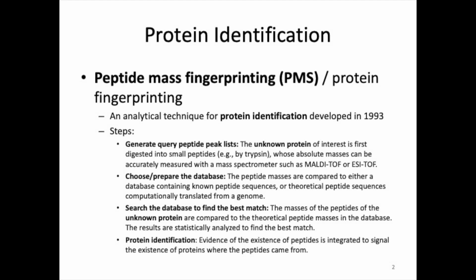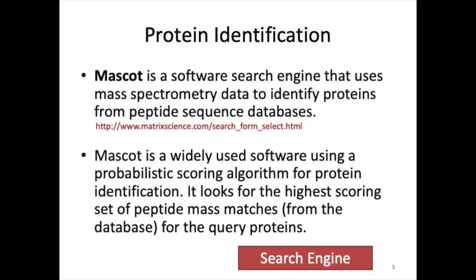Finally, protein identification. Evidence of the existence of peptides is integrated to signal the existence of proteins where the peptides came from. We have tools and databases that can help us complete these steps. For example, Mascot is a software that uses mass spectrometry data to identify proteins from peptide sequence databases.